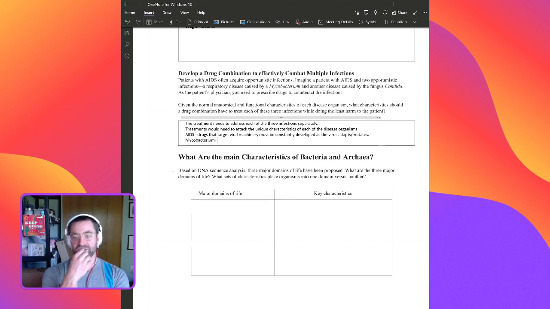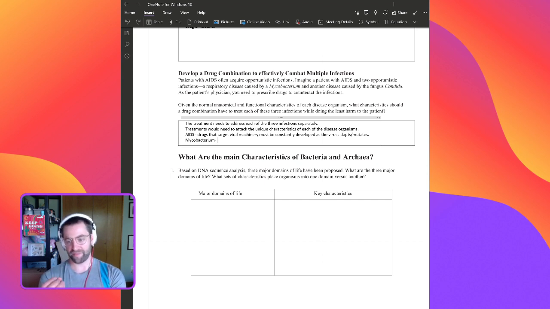Mycobacterium. So we kind of mentioned earlier, the best option for treating bacterial infections is an antibiotic that targets a specific bacterial trait not found in humans, such as a cell wall or the 70S ribosome or something similar. So Mycobacterium is not affected by something like penicillin, which compromises the peptidoglycan wall in the cell wall of many bacteria.